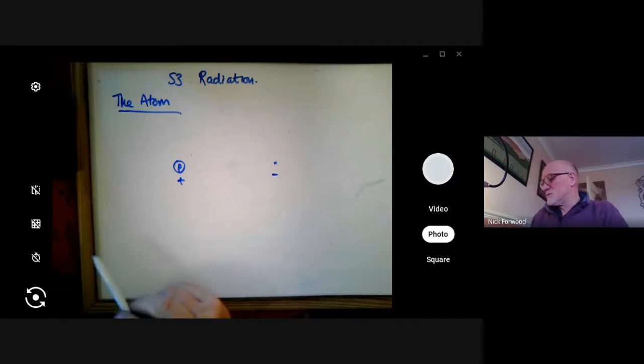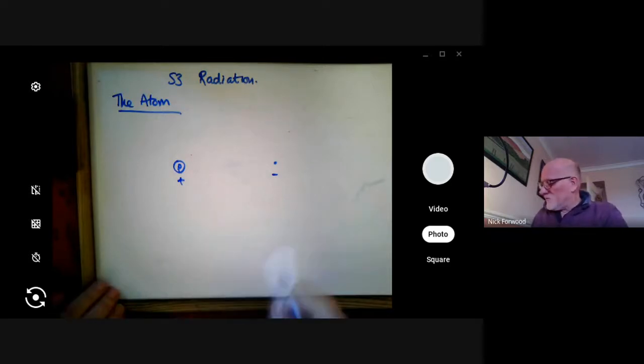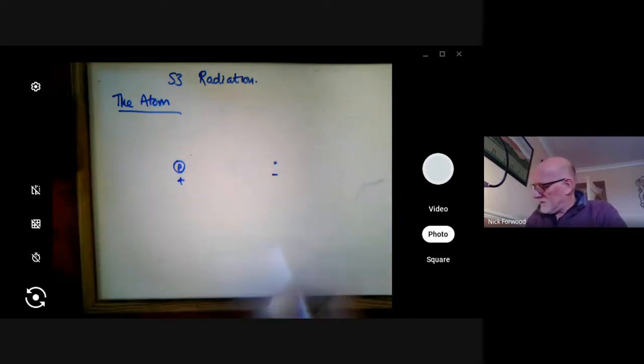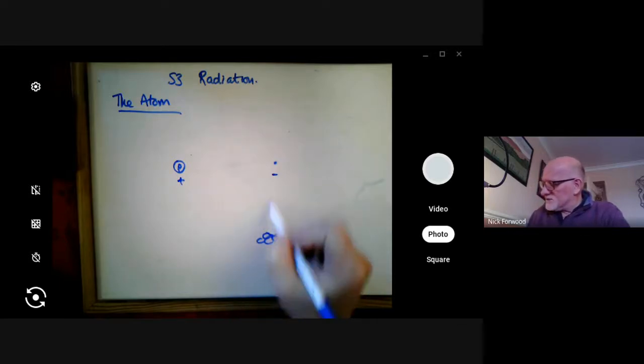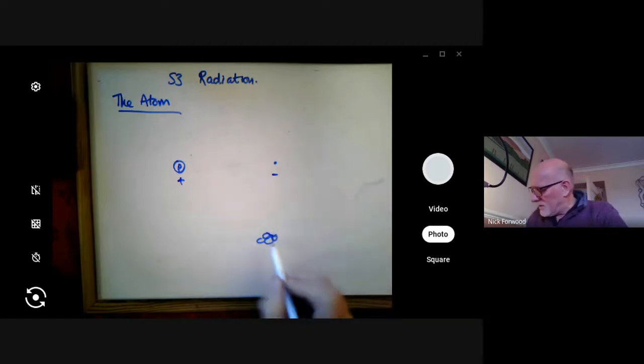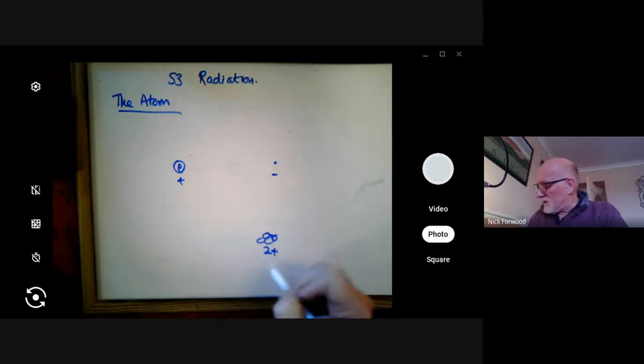Now, of course, we've already learnt in last week's work that if we've got an alpha particle that comes along, here's my simple atom here, and if I've got an alpha particle that comes along and it either smacks straight into that electron or passes nearby, because my alpha particle has 2 protons, so it's got 2 positive charges and it's on its own, it hasn't got any electrons.